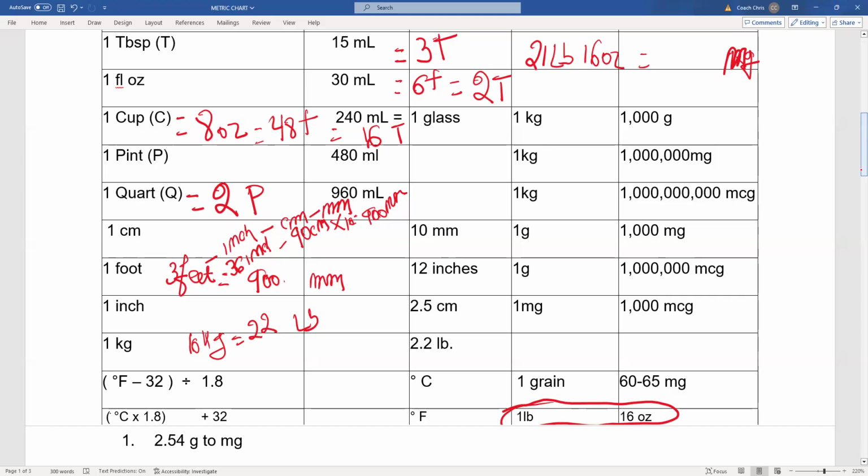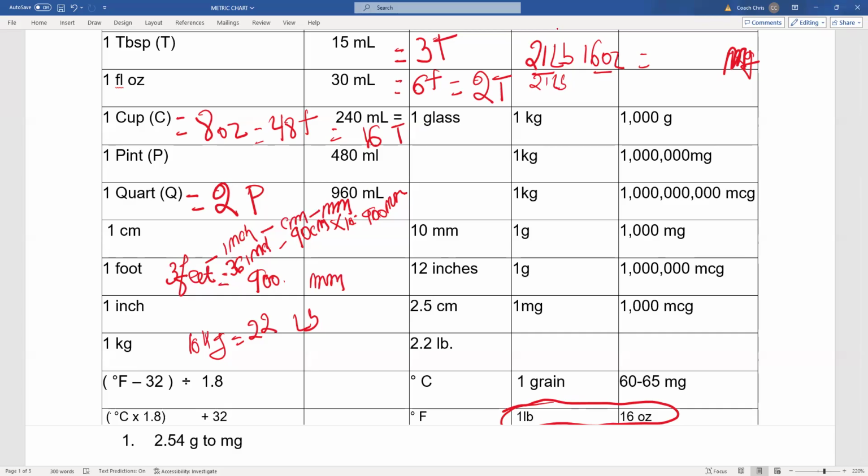But think about this. Here I have 21 pounds. Over there I got 16 ounces. What I have to do, I have to convert ounces to pounds, then whatever pounds I have, add them together with the 21 pounds I have. So 16 ounces equals how many pounds? Check your conversion from your brain. No more from your notepad, no more from your index card.